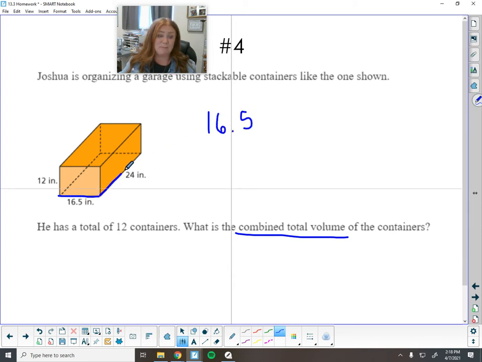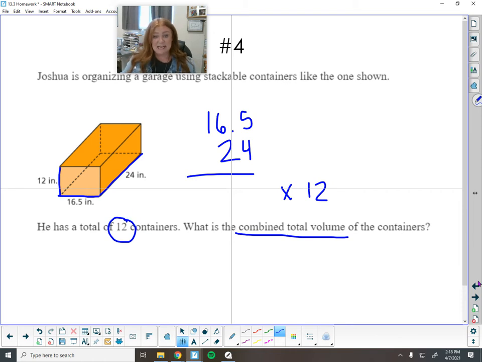And the width going back is 24. So we're going to multiply that by 24. Don't forget your placeholder. And that is going to be this one container. So once we have this, then we have to multiply by 12 again for each of the 12 containers.